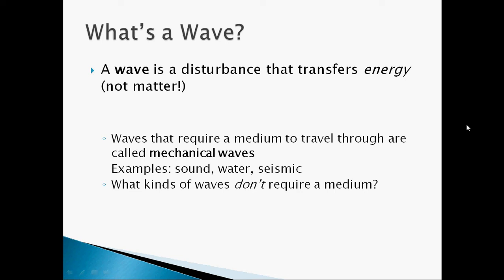Now, first of all, a wave is basically some sort of disturbance that causes energy to be transferred from one place to another. It's really important to notice that matter itself is not transferred or moved by a wave. It's just energy that's moving through the matter that we're able to see.